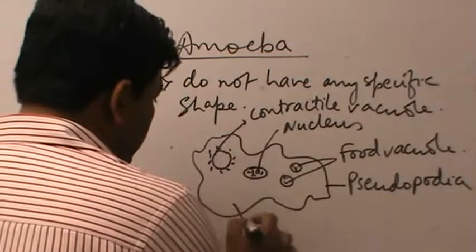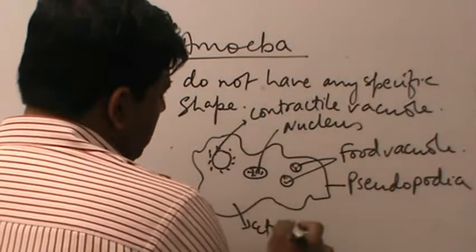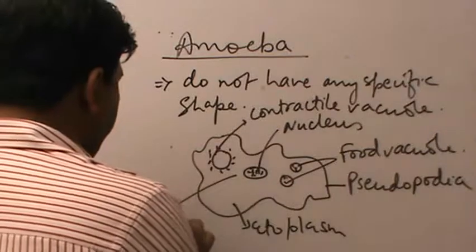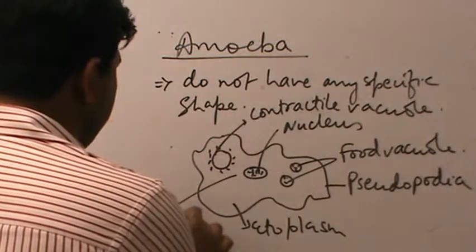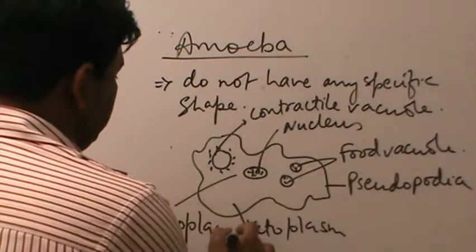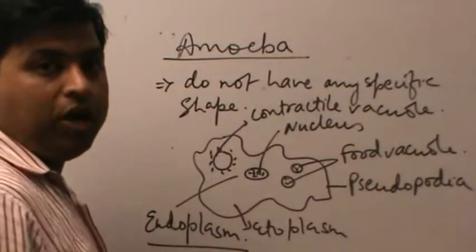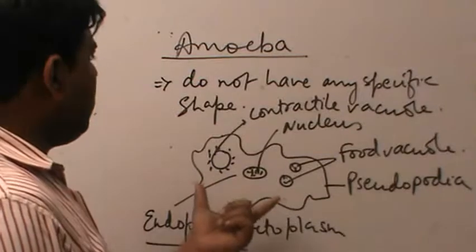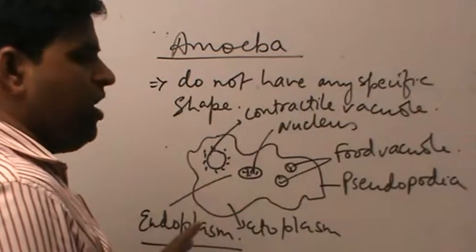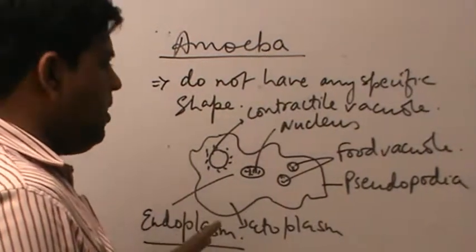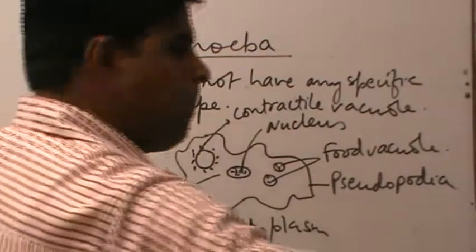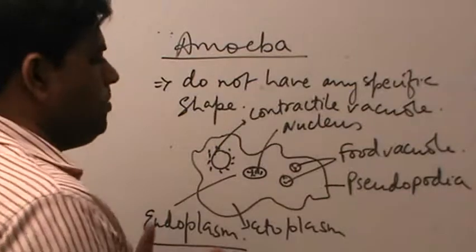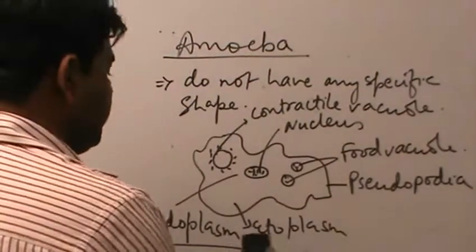This is the ectoplasm, and in the middle you will find the endoplasm. So this organism does not have any specific shape.